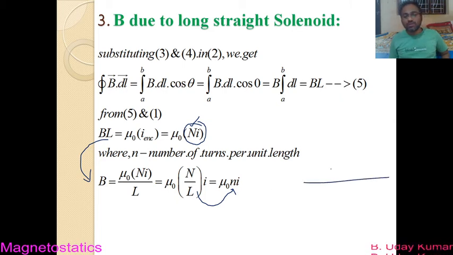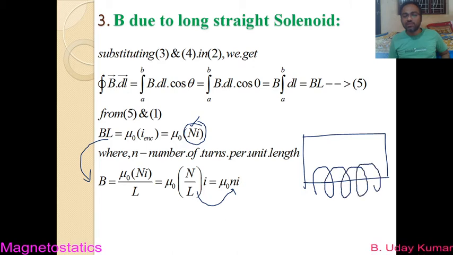Remember, this was the closed path that we considered in our last topic, right? Okay, so if the number of turns that are present inside this closed path is capital N, and if the length of the closed path is L, if you divide N by L, it becomes the number of turns per unit length, which is denoted as small n.